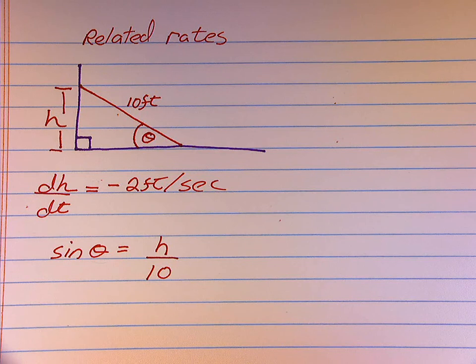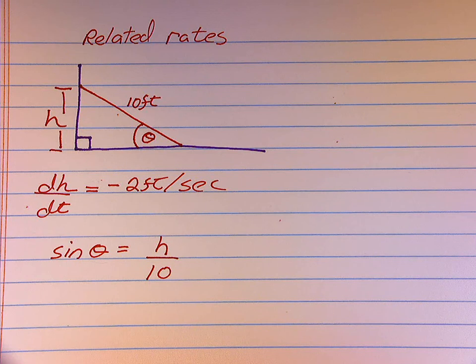I'm now going to take the derivative of both sides of this formula with respect to time, because clearly there is a relationship between theta and height. Theta is clearly a function of time, which means I can apply the chain rule, or U substitution, if you will.